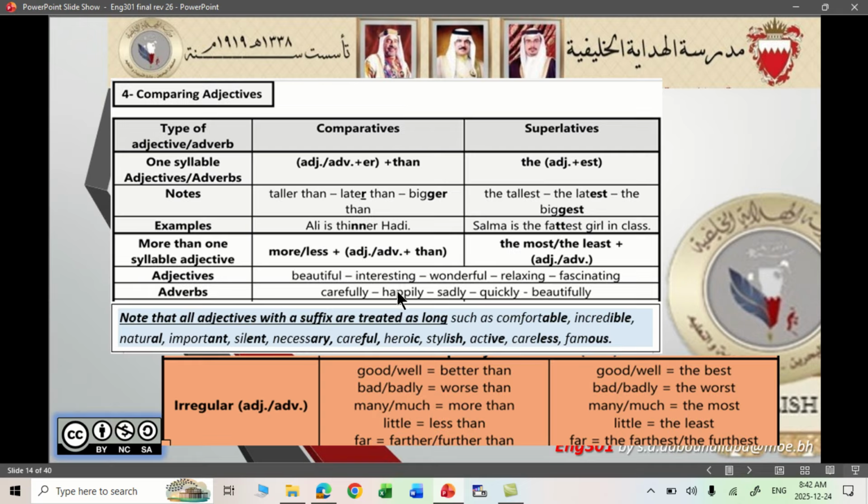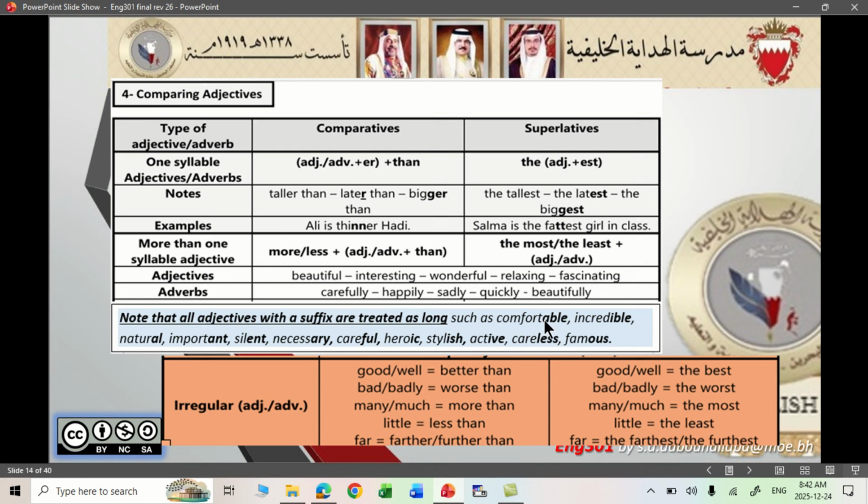The most beautiful, the most sadly, the most quickly, the most beautifully, and so on. All right? And for you to determine whether the adjective is long or short, let's say that all adjectives that end in these suffixes are treated as long, even if they are made up of two syllables only.